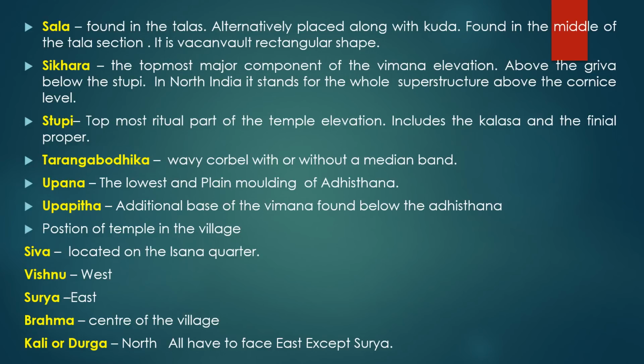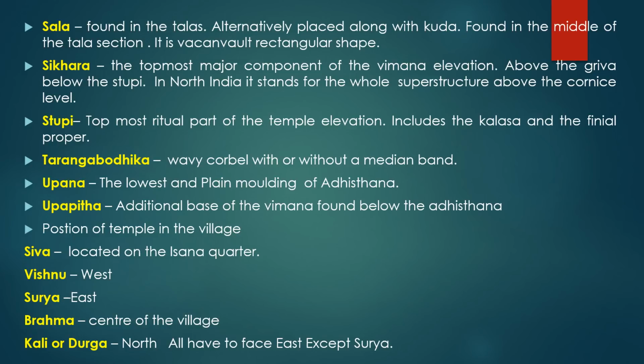Stupi: the topmost ritual part of the temple elevation. The Stupi is an important component in the Vimana portions. It includes the Kalasa and the finial proper. Taranga Bodhika: a wavy corbel with or without a median band.